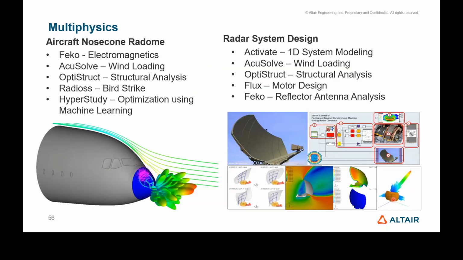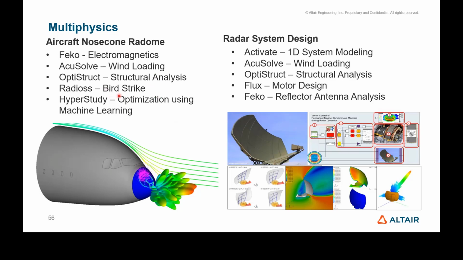Of course, we can also combine Feko with other tools in Altair. This is actually radome analysis with wind loading using our AccuSolve product, and also structural analysis. Because of the wind loading, whatever loads you have on the radome, you can do the structural analysis to make sure that it's strong enough.